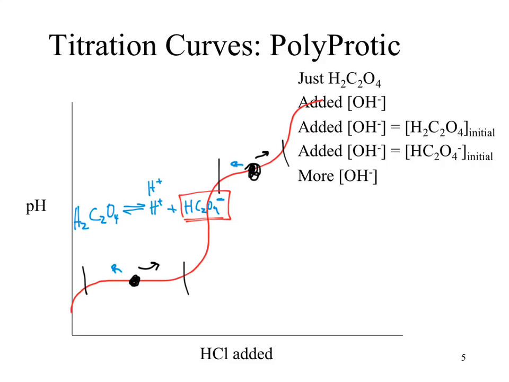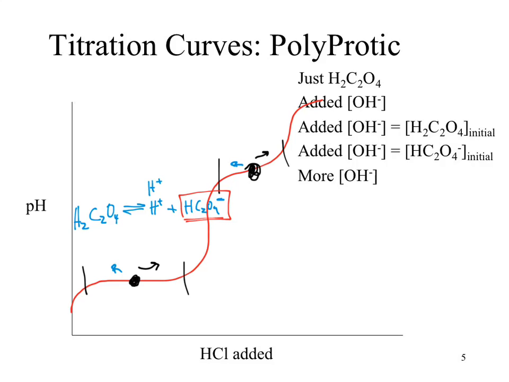That removal mitigates the drop in pH, so it stays relatively constant. What happens if we see a sharp drop? What does it mean if the pH sharply drops here at the end? There's a lot of hydrogen ions and none of this. So to have a buffer, we have to have both these species.